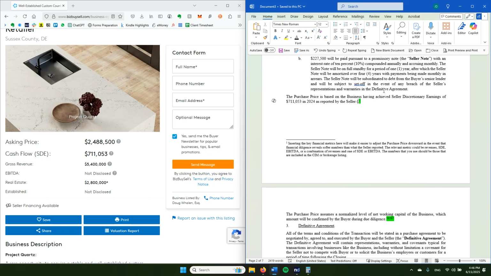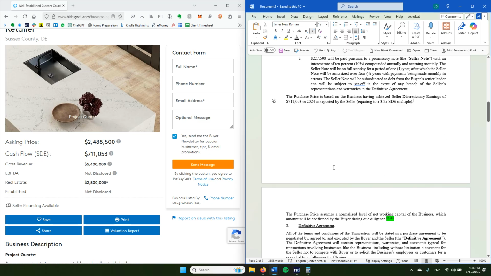I'm going to add what the multiple is, equating to a 3.2x SDE multiple. All right, so that's helpful. So I'll go ahead and add that. I'll probably add a little bit of an extra note to that footnote too.